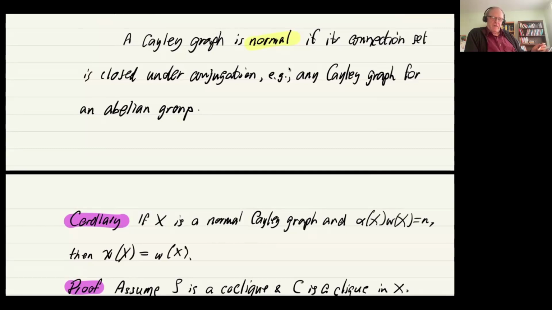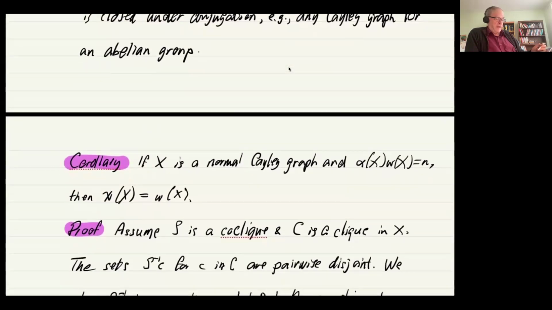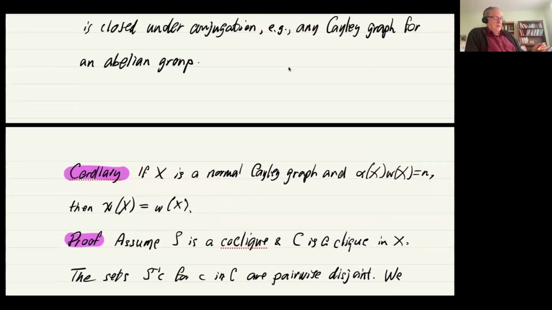Now, normal Cayley graphs have some nice properties that other graphs don't have. What we're going to prove is that if a Cayley graph is normal and our co-clique inequality is tight, then the chromatic number is equal to the clique number. Which is a nice result.